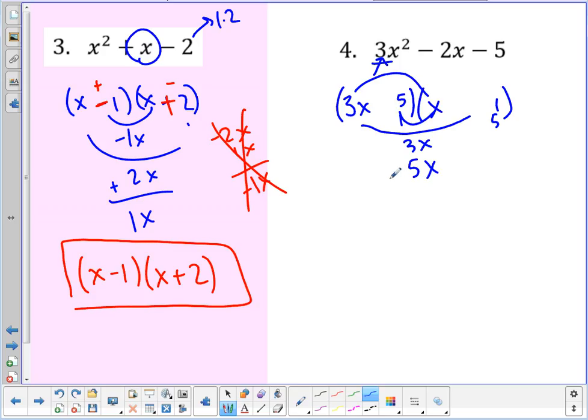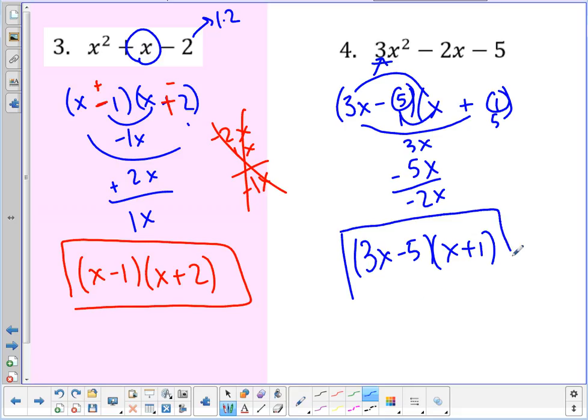If the 5 were negative, that's what's going to get me to that negative 2. So I need 5 and 1, with the 5 with the 3, and I'm going to make that 5 the negative and this one the positive. So 3x minus 5 and x plus 1.